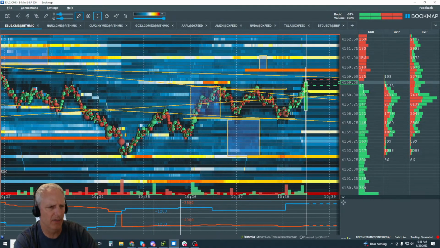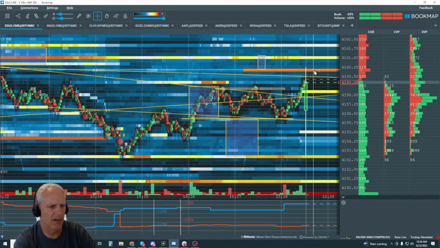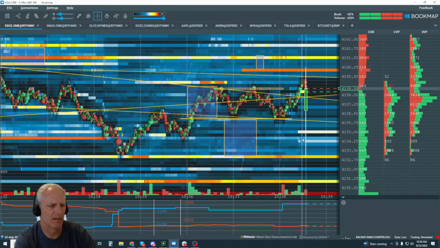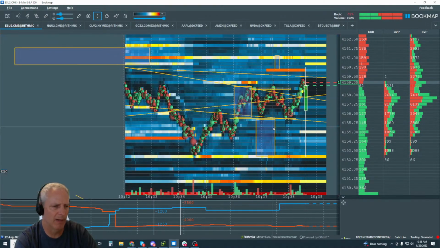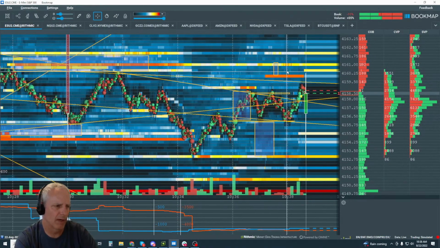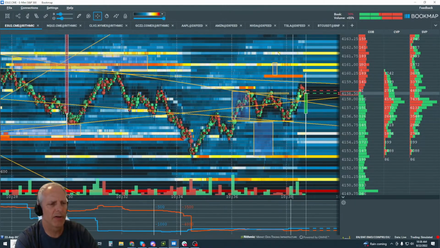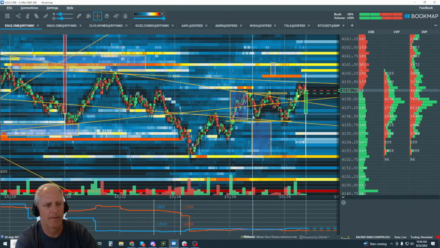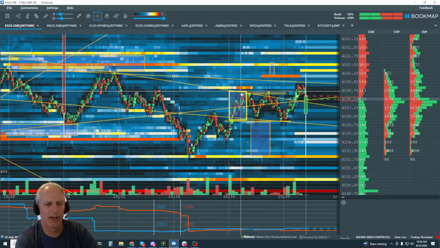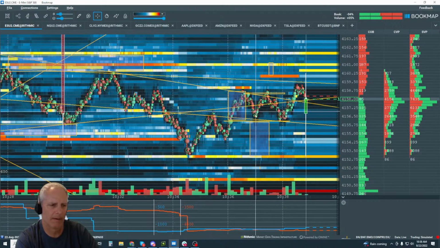Here come our buyers looking for the move up into here. Okay, we have our higher time frame supporting it as well. Okay, so we're looking for it. See how you can start to look at these areas as higher probability. Okay, we have more things on our side here to look for.